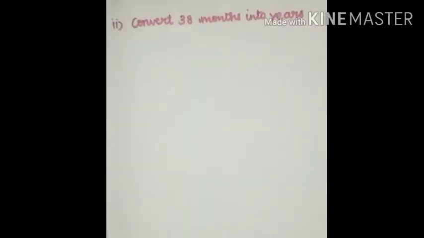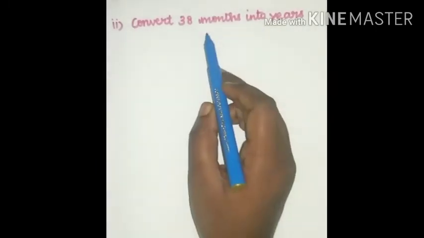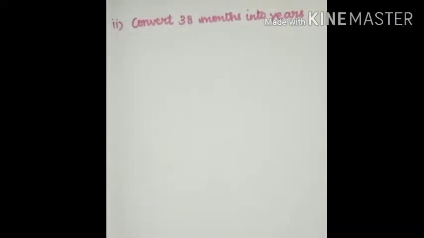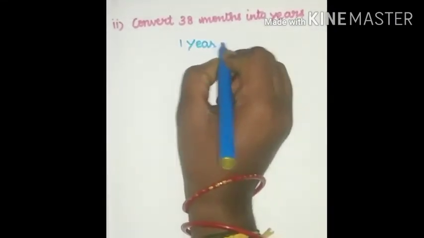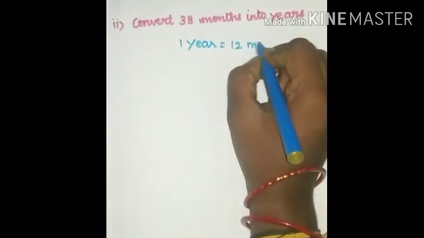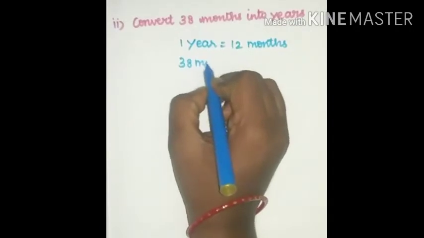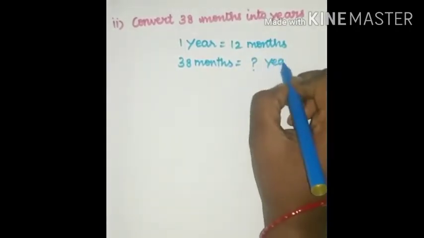Second sum. Convert 38 months into years. Here we have to convert months into years, that is smaller unit to higher unit. As we already know, 1 year equals 12 months. We have to convert 38 months into how many years?